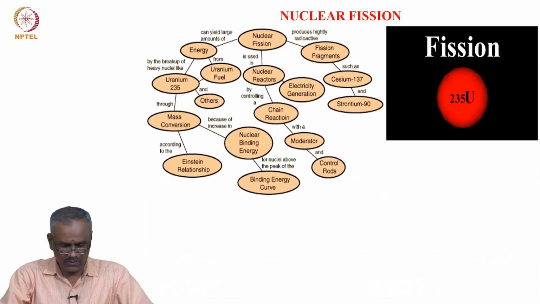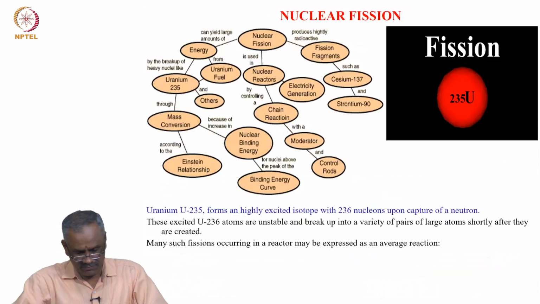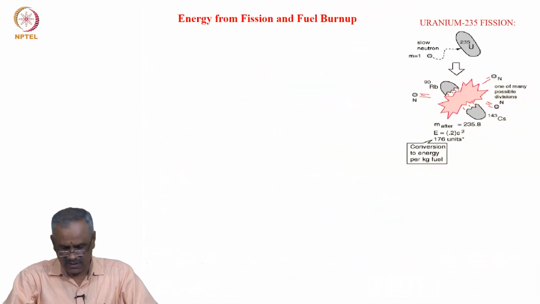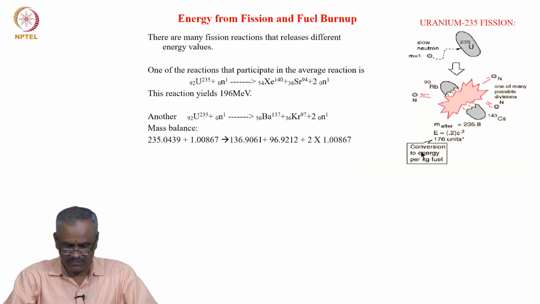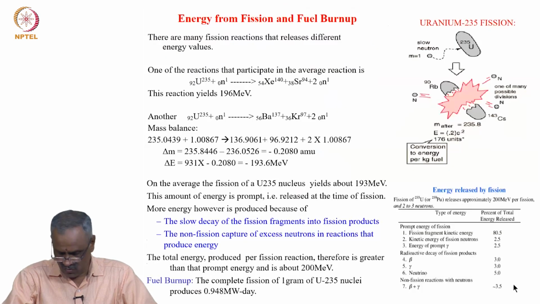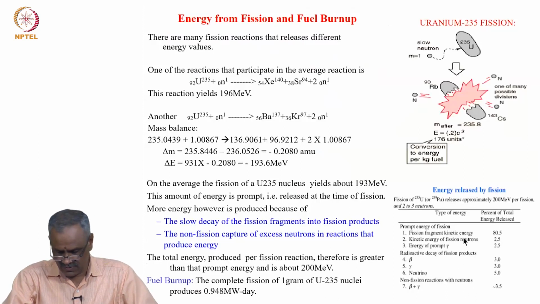So the nuclear fission reaction, how it takes place and what are the components involved in that, and how the fuel is converted into various fragments, fission fragments and fission products. Then we also saw the energy from fission and fuel breakup in the previous class, and these are the overall energy released by a nuclear reaction or fission reaction.